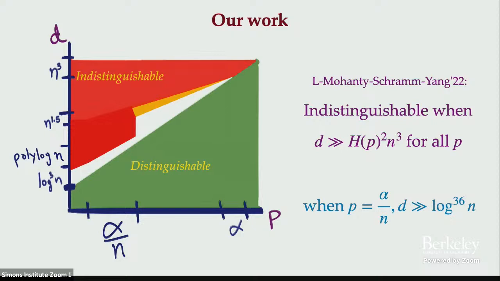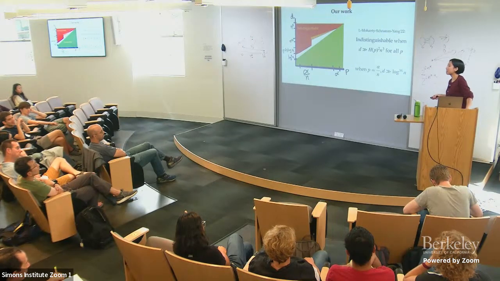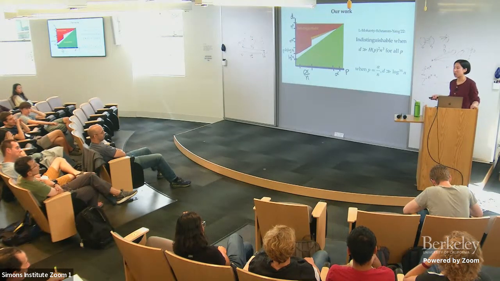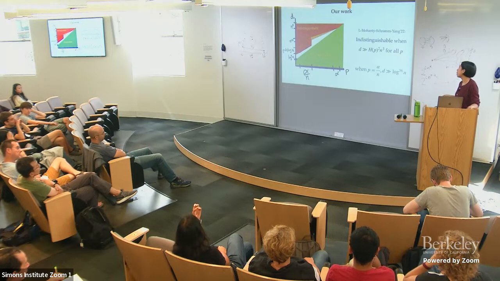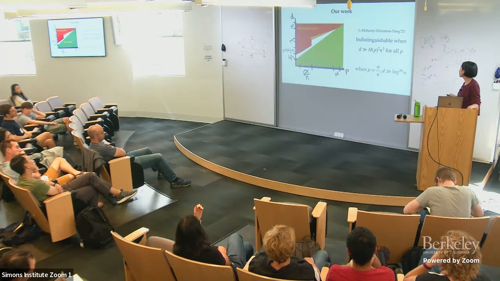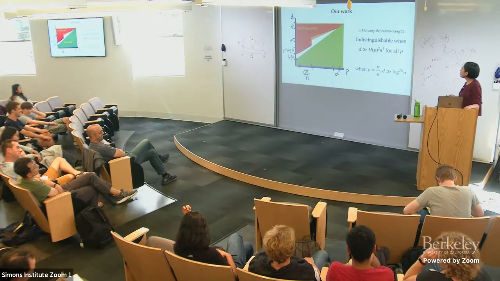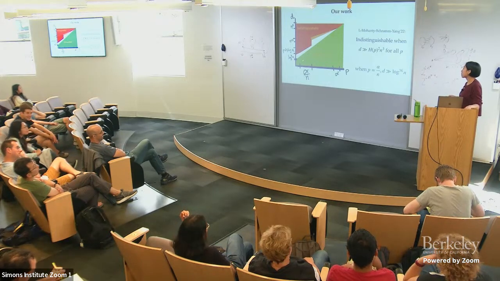This whole chart should be red or green. Is it possible that they're statistically distinguishable, but there's no efficient algorithm in some regime? Yeah, that's a good question. I'm not really convinced by either side yet. I don't have that much intuition. First, this log to the 36 is not heavily optimized, so it's possible that on this side it could be close.